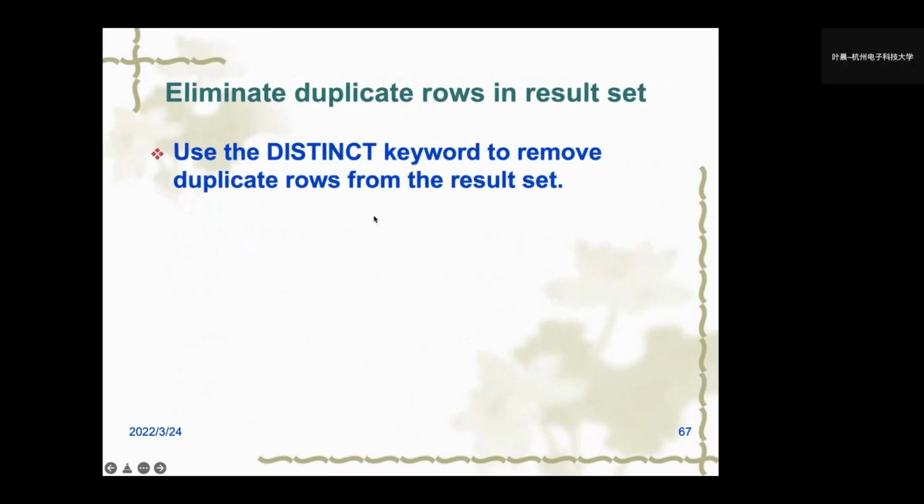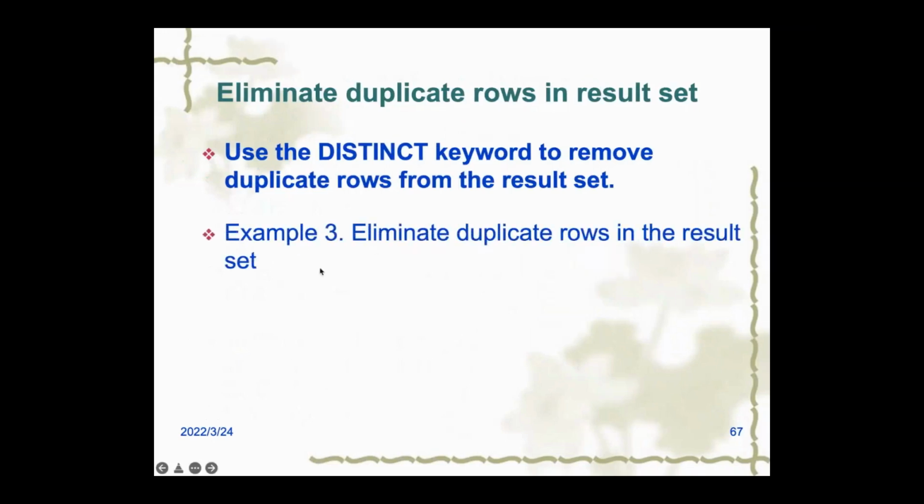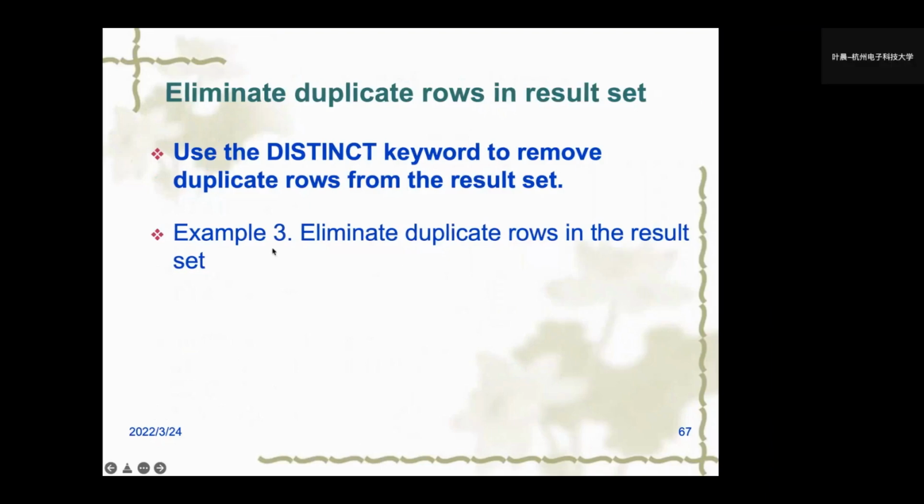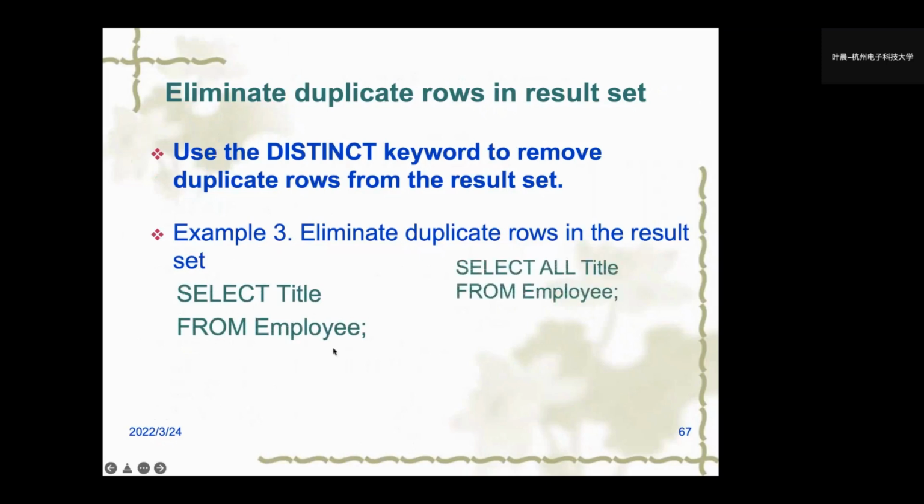And then we'll learn how to use the distinct keyword to remove the duplicate rows from the result set. For example, if you want to eliminate the duplicate rows in the result set, you can use select title from employee. We can see these results may return several duplicate rows, the same as select all title from employee. For this title, there are many employees who have the same title.